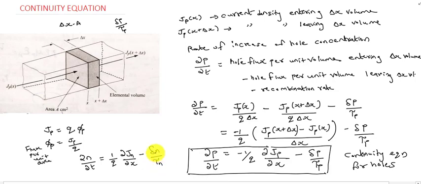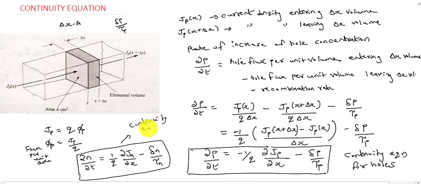This del n by tau n is the recombination rate for electrons. Tau n is the carrier lifetime of electrons. So this is the continuity equation for electrons. These two relations together are known as the continuity equations.